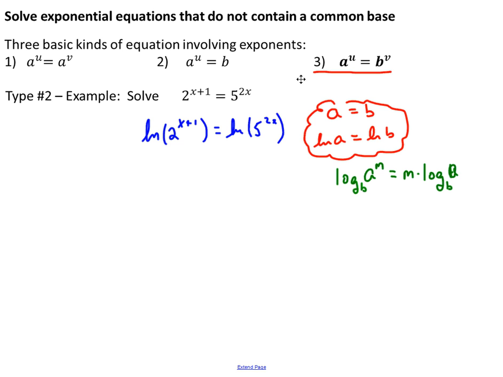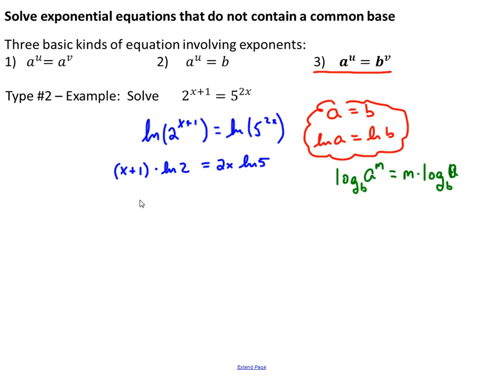So taking advantage of this property, we have the quantity x plus 1 times the natural logarithm of 2. So I've gotten rid of the variable being in the exponent position. This will equal 2x times the natural logarithm of 5. So the natural logarithm of 5 and the natural logarithm of 2 become simple multipliers.